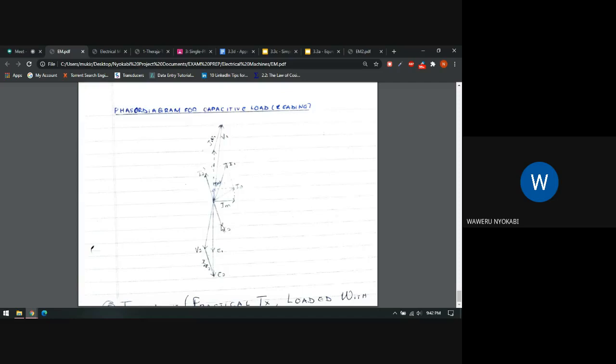The direction is the same because it's parallel. The other thing you remember is that V2 is going to be E2 minus I2R2. Since I2R2 is facing this direction, going the opposite direction is minus. So E2 minus I2R2 is going to take us to the point where V2 is, and then you draw V2.